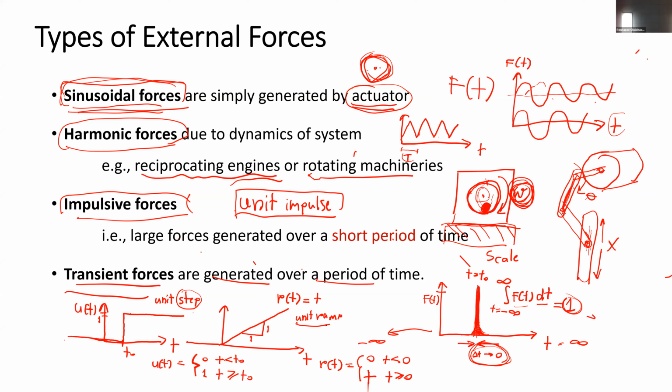This one we call the unit ramp. And the force function also can be F(t) equal to maybe t squared or something like that. So we have different types of force functions that change against time. And the response of the system that reacts to the input force also changes against time. We call this kind of force a transient force.